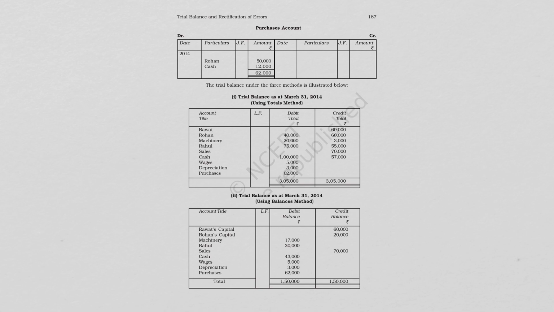Then the trial balance using all three methods has been prepared. Okay, so let us start with the first one. Rawat's capital account. Just leave this balance carried down. Here we have balance brought down as well as cash account. So we know the credit total here is rupees 60,000.